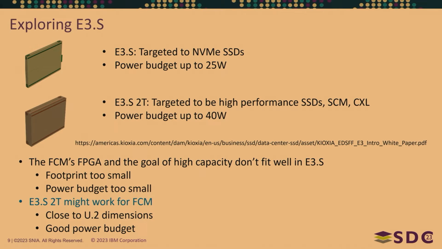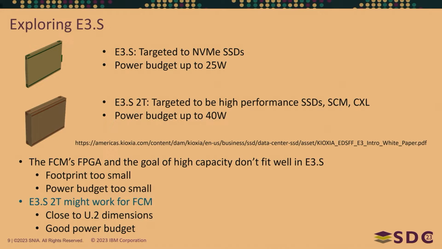If we wanted to implement that, we'd be spending two-thirds or three-quarters of our space just on our FPGA and our DRAM memory, and not a whole lot more for actual flash storage. And the power budget's still too small. We're looking at what we can increase, what we can add value in the space, and that's not really going to help us.